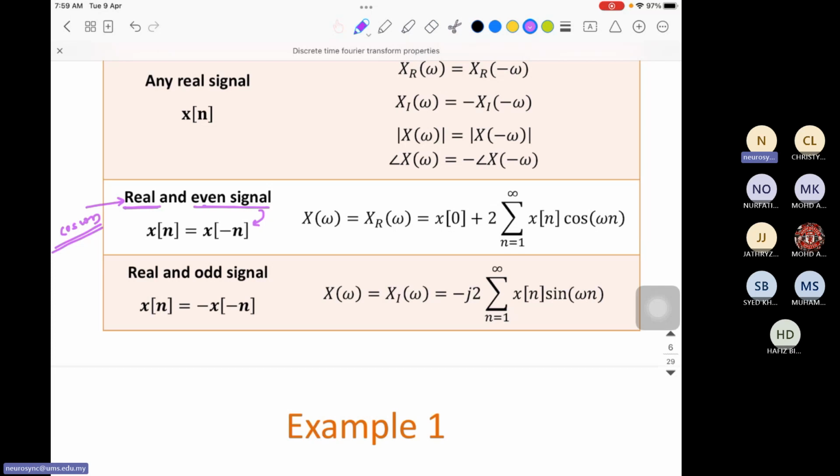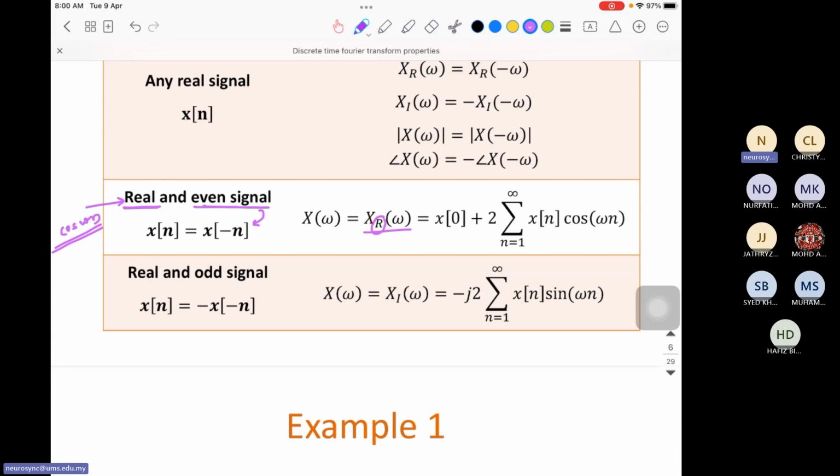Okay, now what will be the frequency response for this type of real and even signal? So I can say this is X of omega, which is equal to XR of omega. Okay, because I am saying this is real, therefore I have put a capital R here.